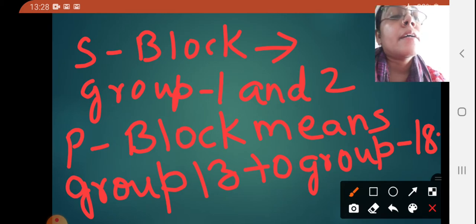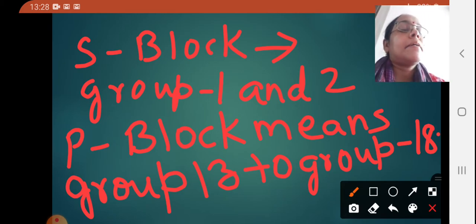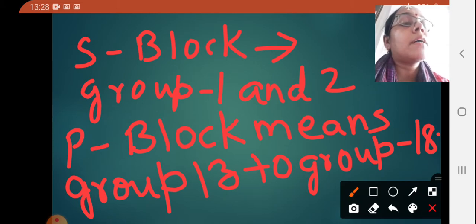S block elements are present in group 1 and group 2 of the modern periodic table, whereas P block elements are present from group 13 to group 18 of the modern periodic table.